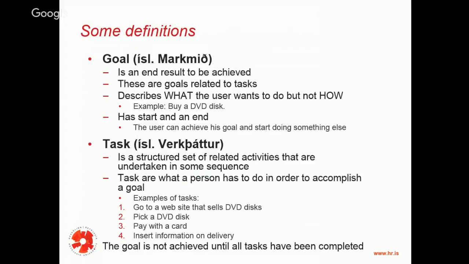So the tasks are more like, to be able to do something, I can break it down into smaller activities. Like go to the website, pick a dish, pay with a card, insert information about the delivery. These could all be phases or tasks for the example there, the user goal.